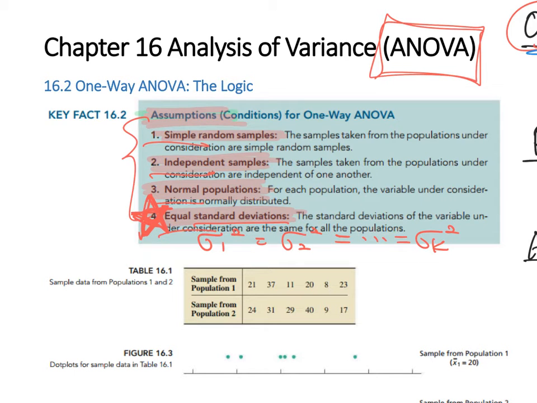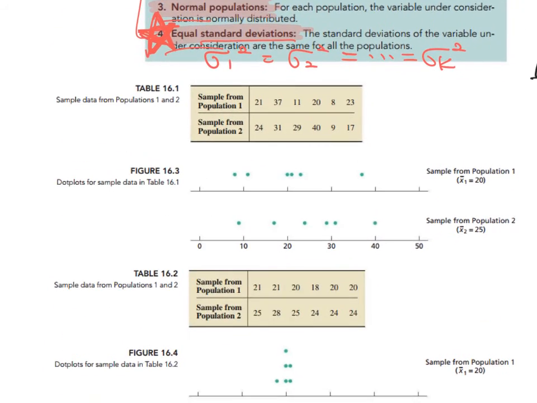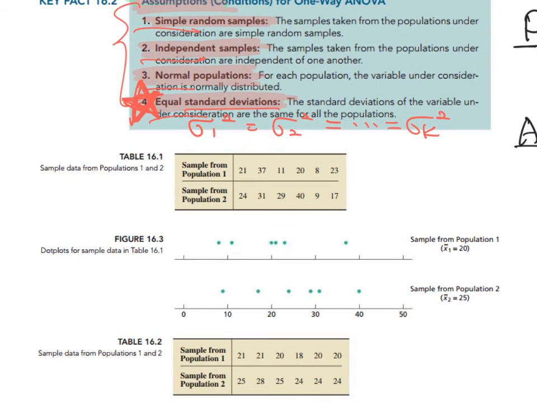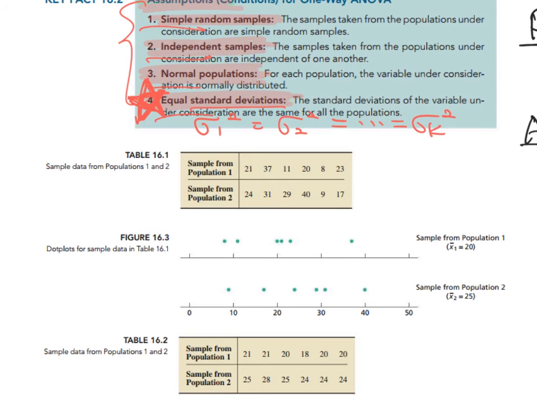And now, please look at this picture, this example. We are going to have k populations, k groups. The k can be 2, why not?